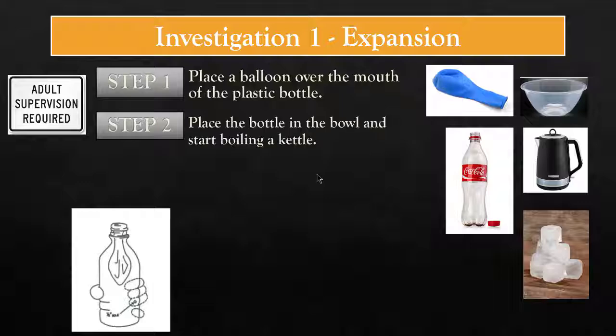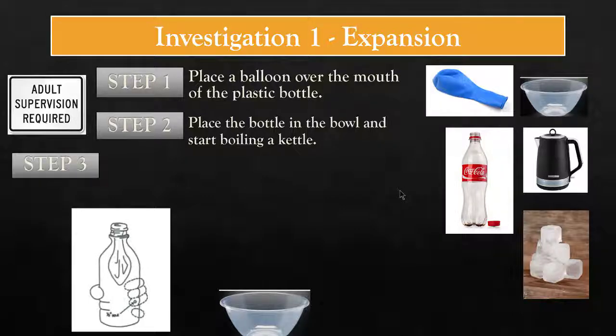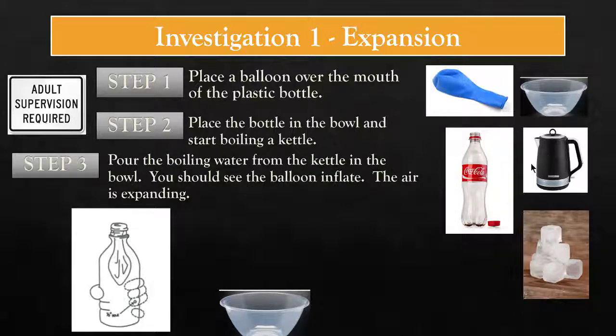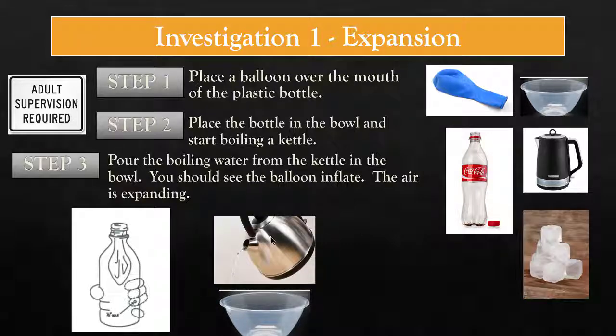Step 2. Place the bottle in the bowl and start boiling a kettle. So put your bottle inside the bowl if you want, okay, and then you need to boil the kettle. Once the kettle has boiled, what you need to do is you need to pour the boiling water into the bowl, and what you should then see is that the balloon will inflate.